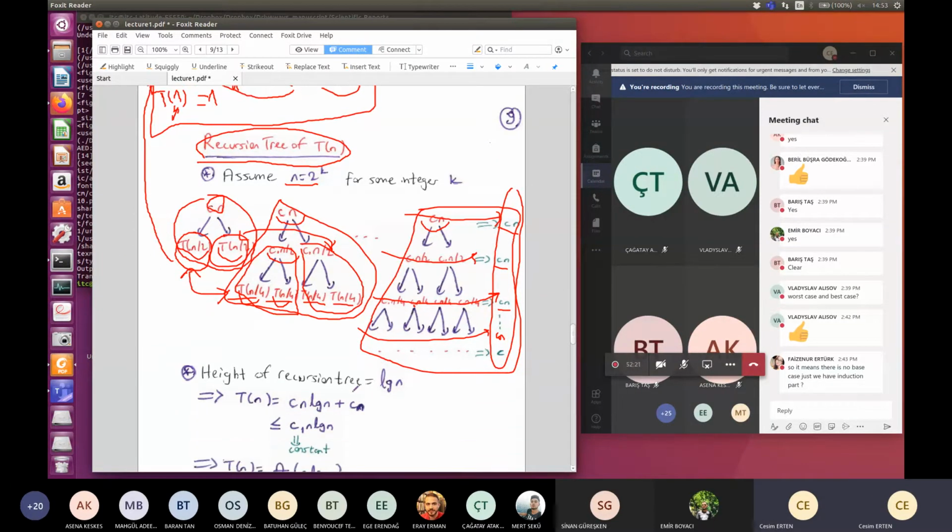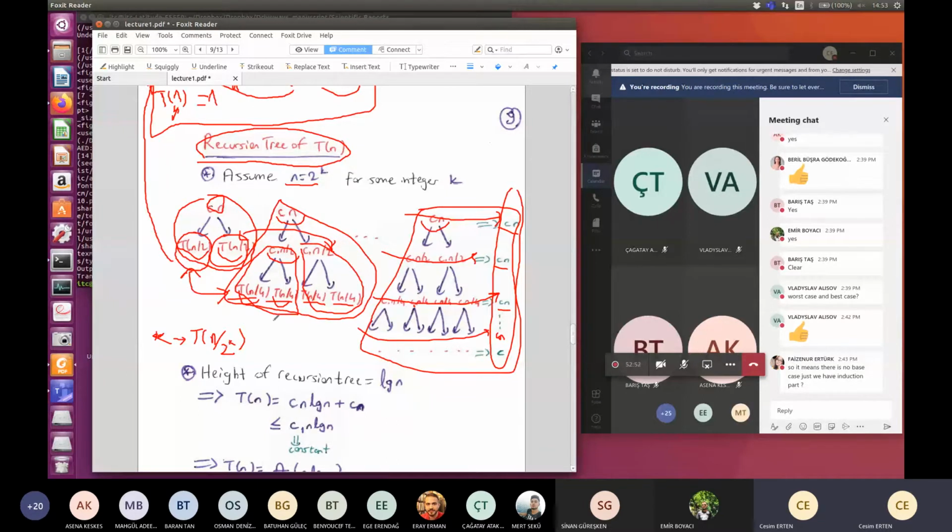So which means that at level k, we are expanding T of n divided by 2 to the k. In this recursion tree, at level k, we are expanding T of n divided by 2 to the k.